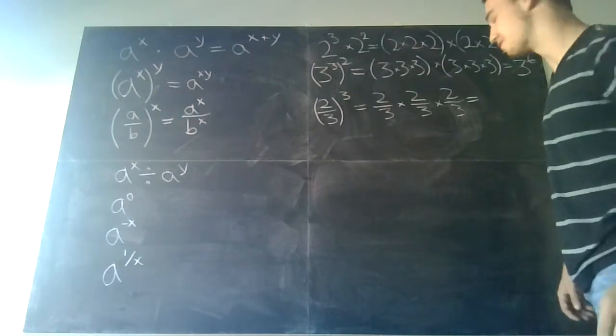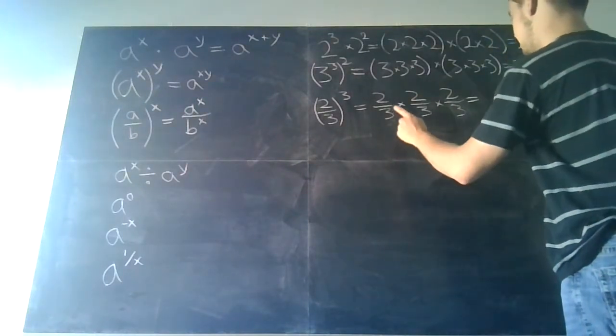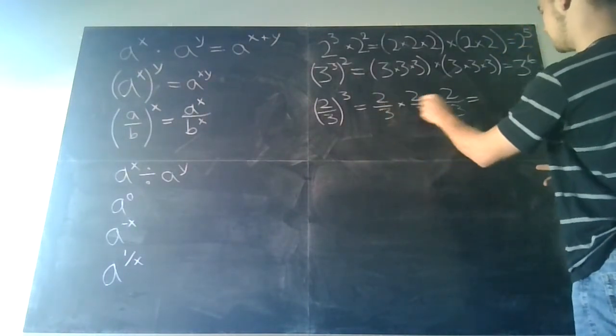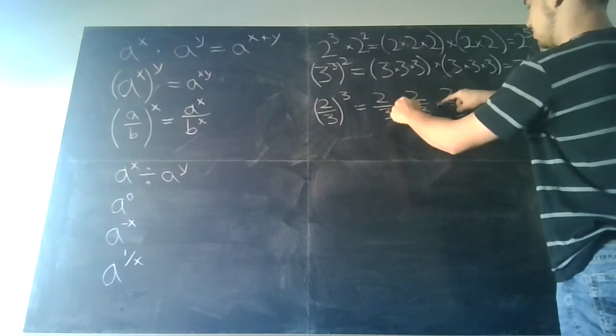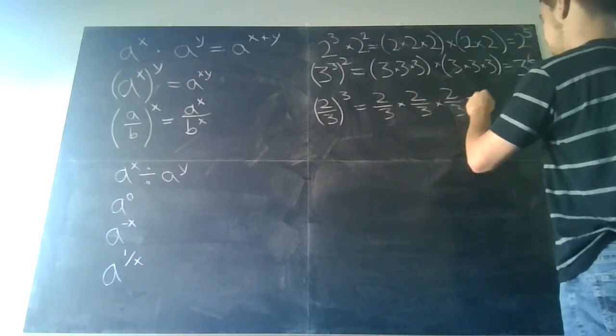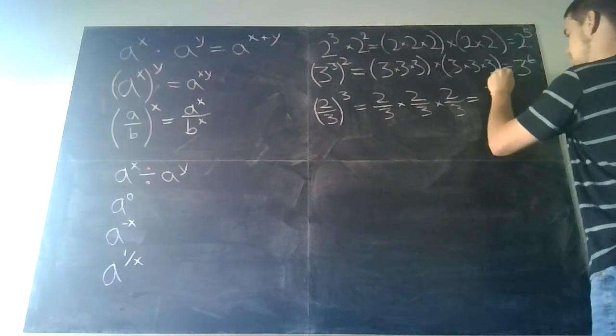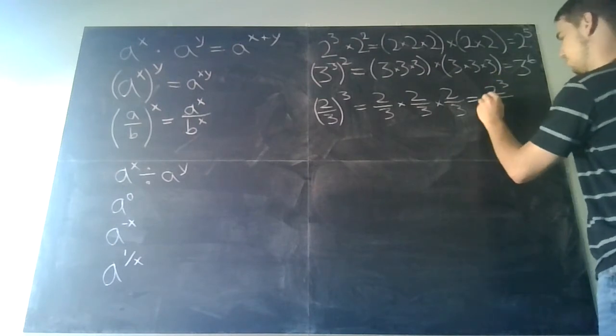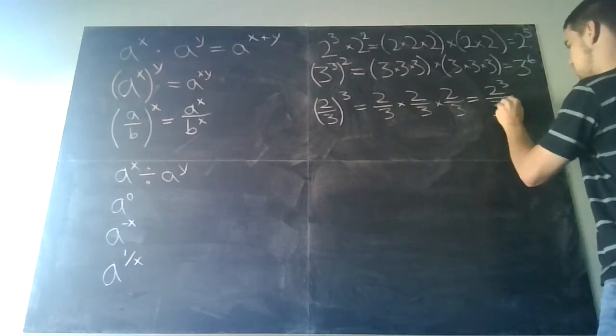From what you remember about fractions, this is the same as just having one denominator, and the multiplication here and here is 2 times 2 times 2 over 3 times 3 times 3.